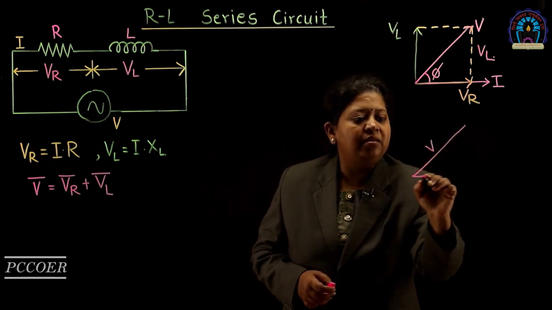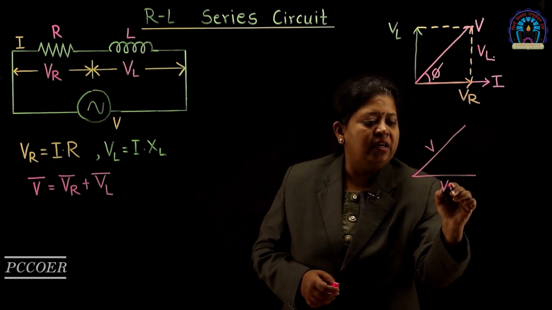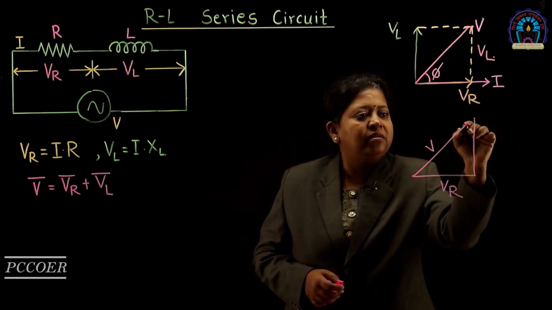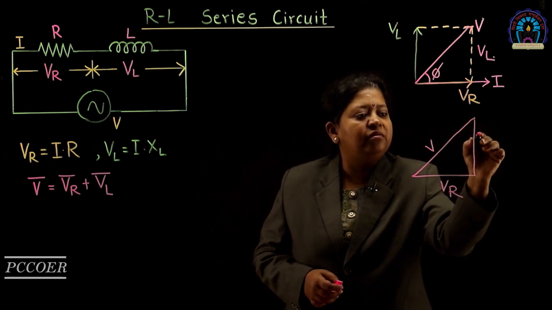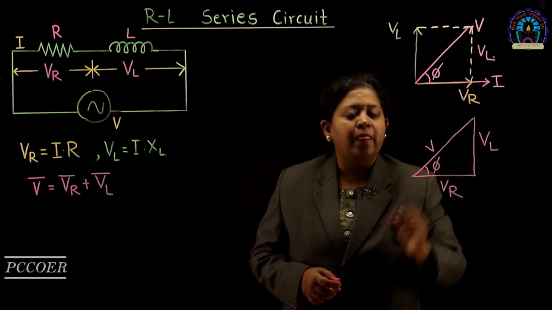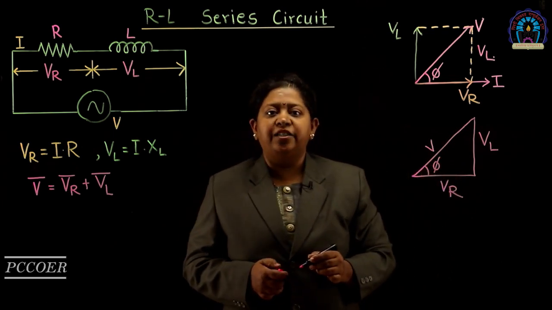Let us draw this triangle again. This is V, this is VR, and the vertical side is VL, with this angle phi. This triangle is called the voltage triangle.